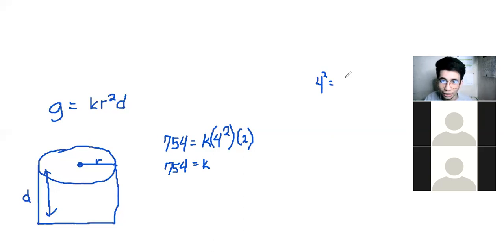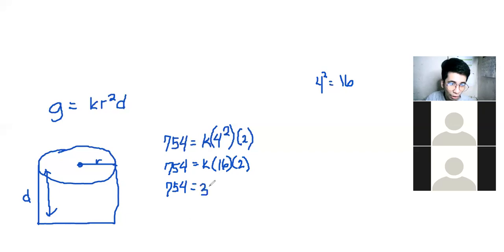Okay, very good. That is 16. So, magkakaroon tayo ng 16 times 2. Okay? Then, copy lang natin 754 is equals to 16 times 2, magkakaroon tayo ng 32K. Oh, sarap, 32K na all.